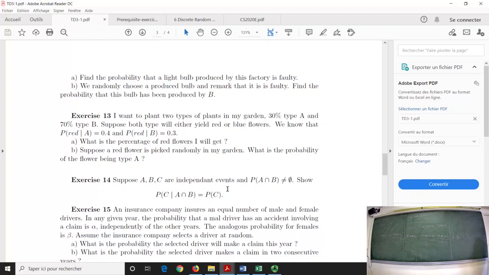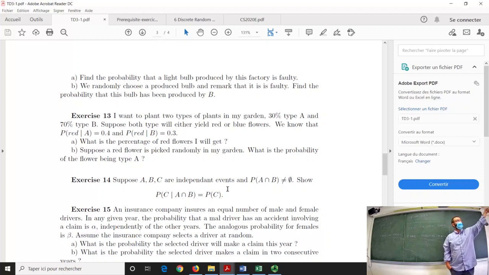The probability to be red given A is 0.4. The probability to be red given B is 0.3. My question: what is the percentage of red flowers? And then suppose a red flower is picked randomly in my garden. What is the probability of the flower being type A?